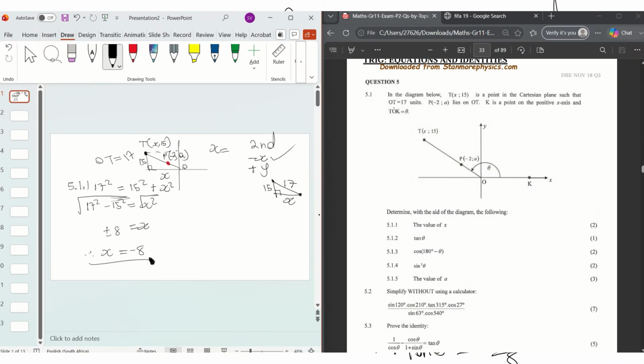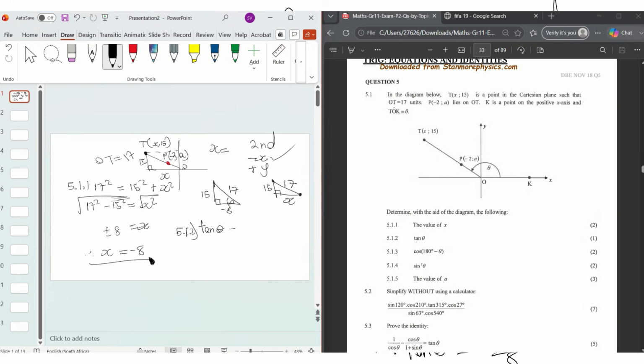That is the 2 marks question. So now our triangle looks like this. We have 17, and then we have 15, and then negative 8. That is our theta there. Now the next question says determine tan theta. 5.1.2.